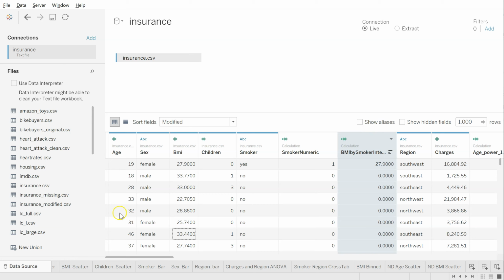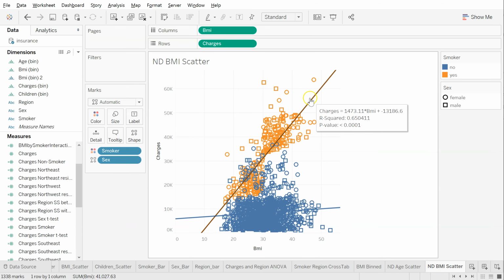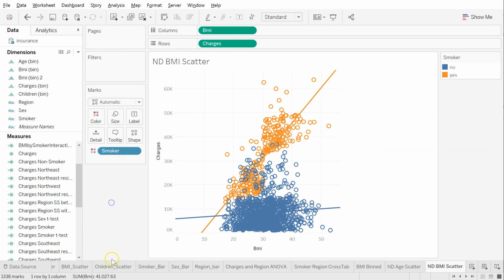Okay, so that's handling interaction effects or 3D. When I say 4D, 5D, 6D, that just means we could go further and just check and see if adding anything else here to the mix helps explain something for us or improve R-squared values or things like that. But I think you get the idea, and we're going to call it good for now.